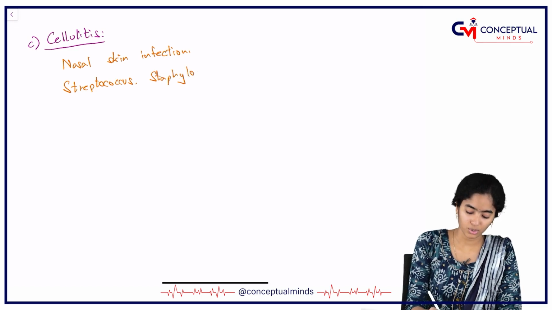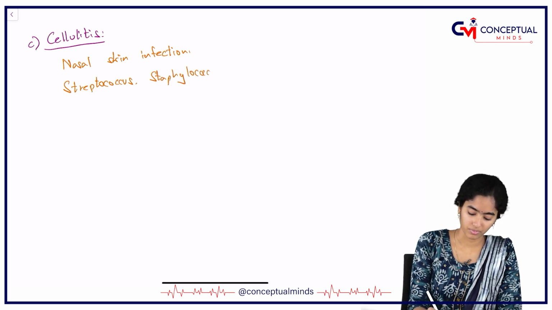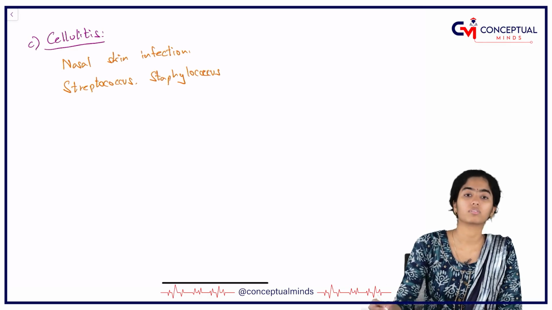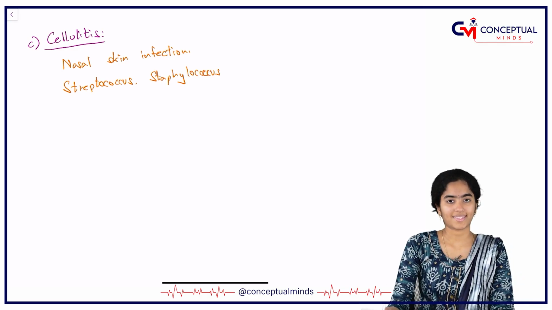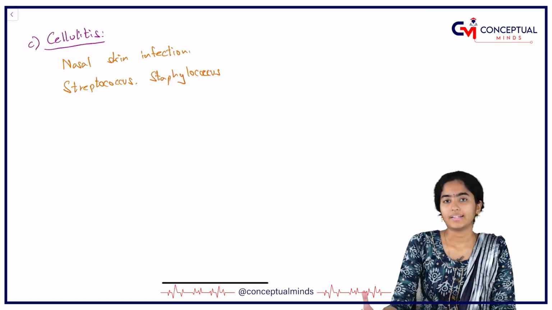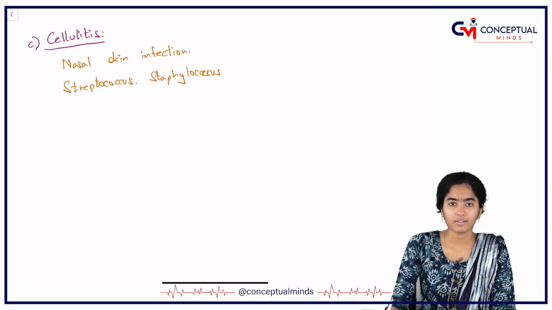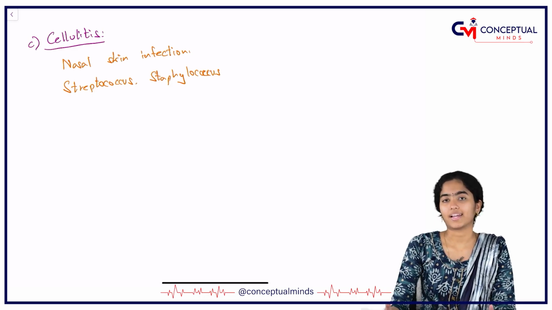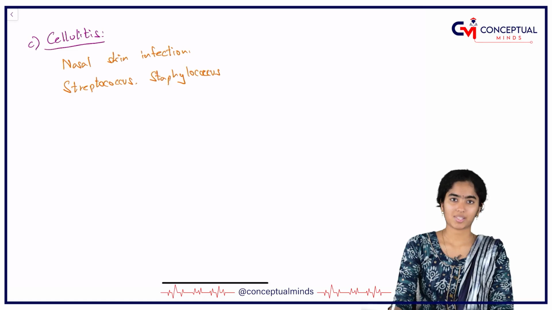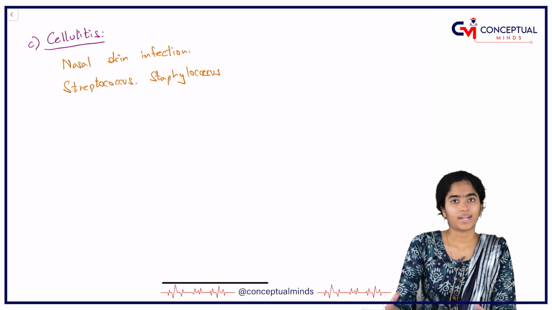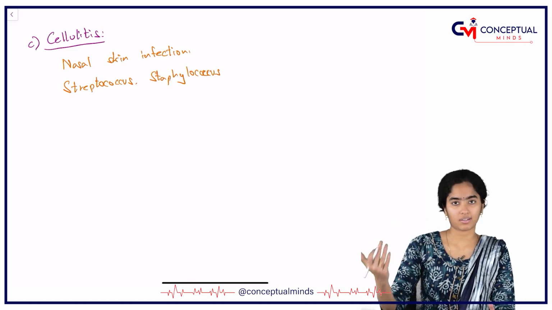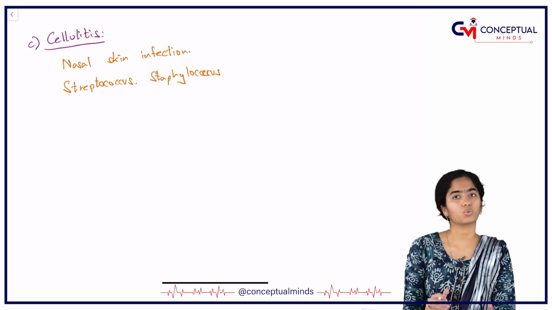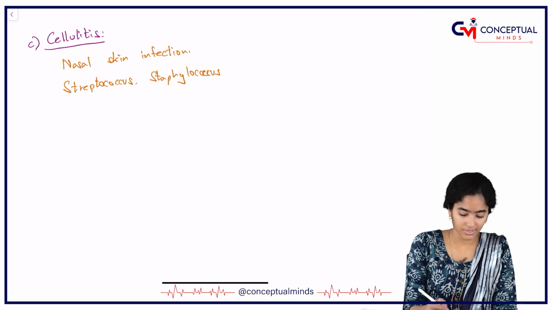It can occur in the nose also. So, when the nose is affected by cellulitis, it will become red, swollen and very tender. How should we treat it? By antibacterials and analgesics. Now, there is nothing very specific about cellulitis of the nose. What you have to remember is, just like how cellulitis occurs elsewhere in the body, it occurs in the nose also. And everything is the same.